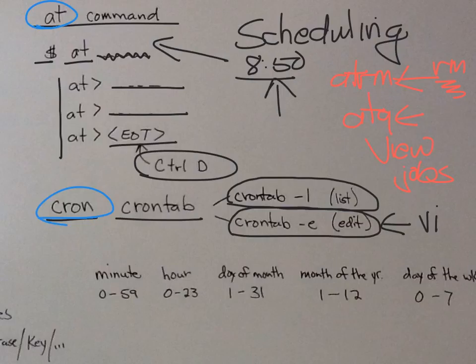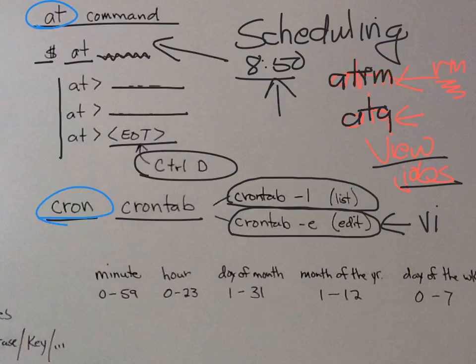Alright, so I'll repeat that again: ATQ, you can view the jobs, and ATRM, if you have some jobs in the queue ready to go, you can actually remove them if you want to.